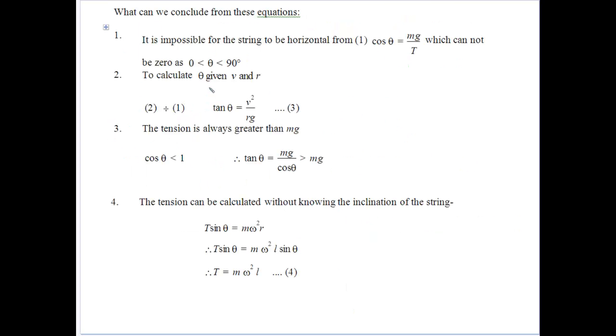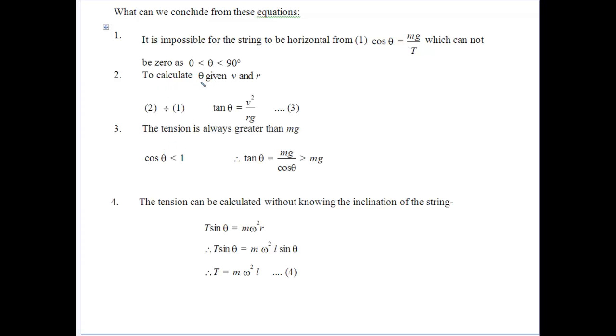We call them equations 1 and 2, and then we can start getting other equations. We know the string can't be horizontal because the angle has to be between 0 and 90. So cos theta must be equal to mg on T, and that can't be 0 because there's tension in the string.